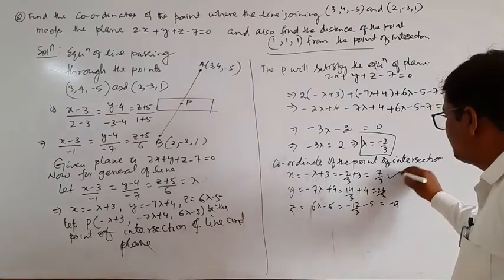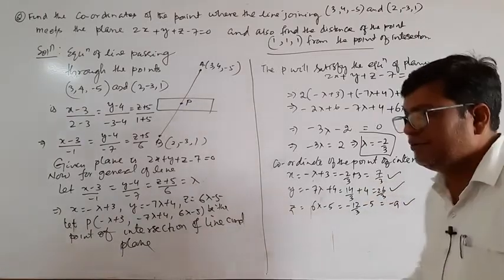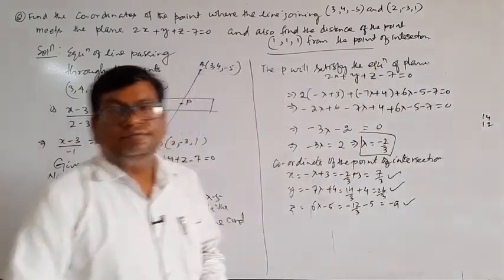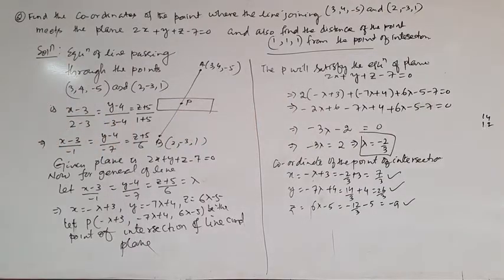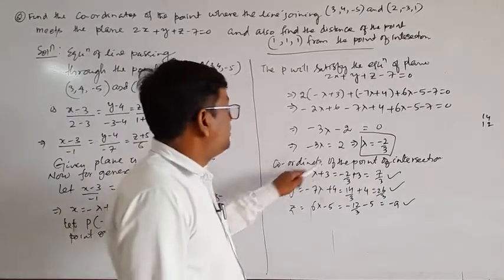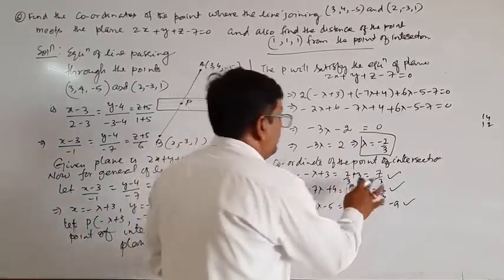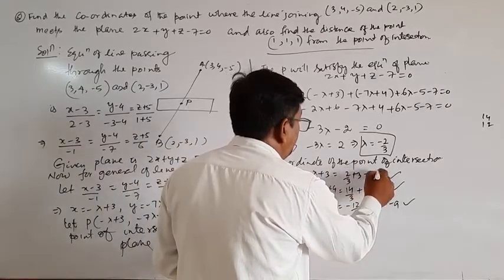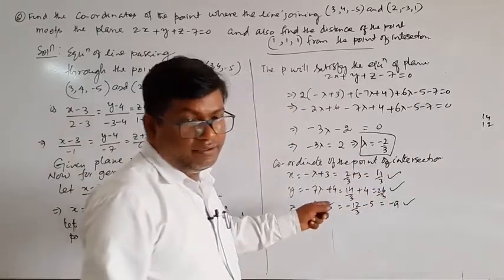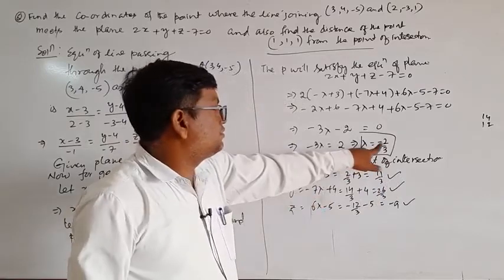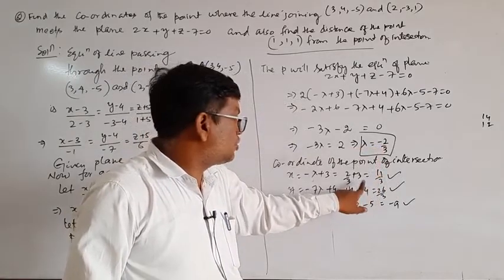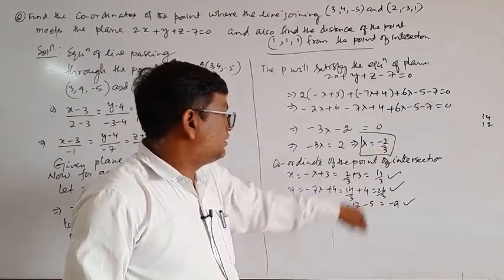So this is the x value, this is the y value, and this is the z value. Minus lambda means minus of minus, this is plus 2 by 3, so 9 plus 2 by 3 is 11 by 3.